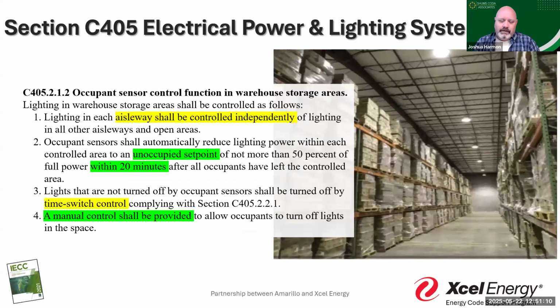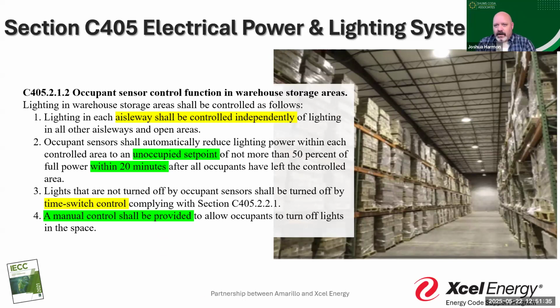One area where we have some functional changes to the occupancy sensor is going to be warehouses, because we want each aisle to be controlled independently. We don't want it so that I walk into aisle 3 and aisles 4 through 57 all light up, right? We want to make sure that we're efficiently using the lighting we need in these areas. And then we also incorporate things like time switches.